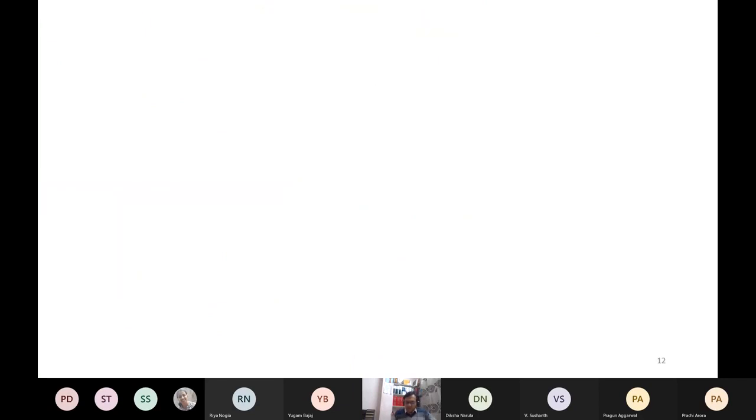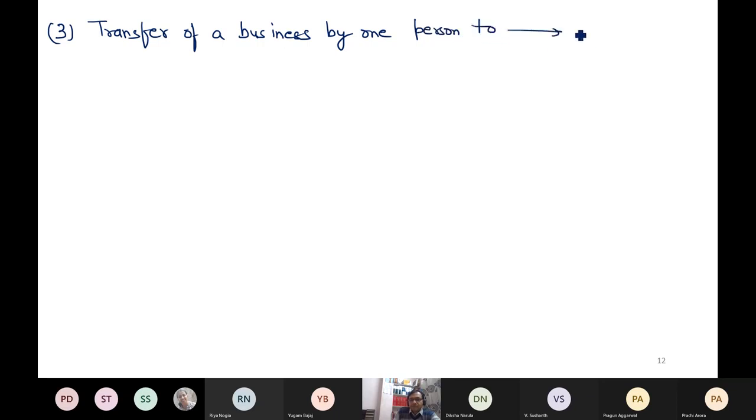Third point, when any business is transferred, a transfer of a business by one person to another person, in a scheme or not in a scheme, by succession or otherwise, it does not matter, but as a going concern, not for shutting down the business.